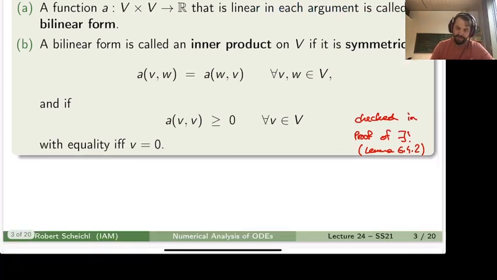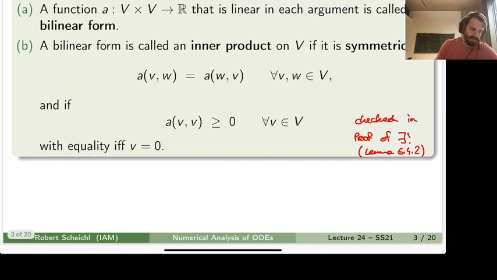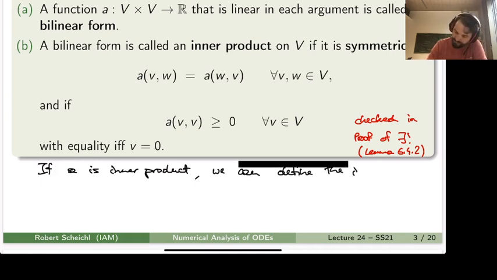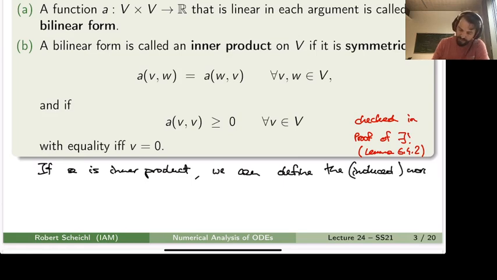If A is an inner product, this is again something you've already heard me define before, we can define the induced norm, the so-called energy norm.